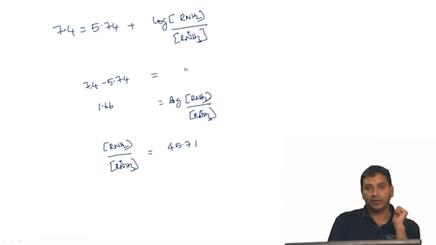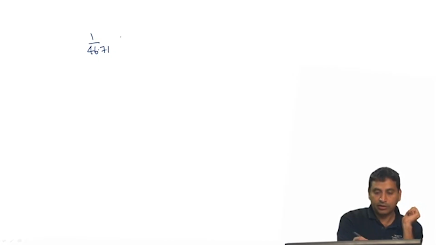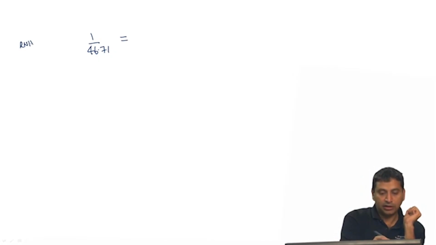45.71. Okay. So, from this number, what we would conclude is that you have 1 divided by 46.71 is the ratio of RNH2 divided by RNH3 plus.